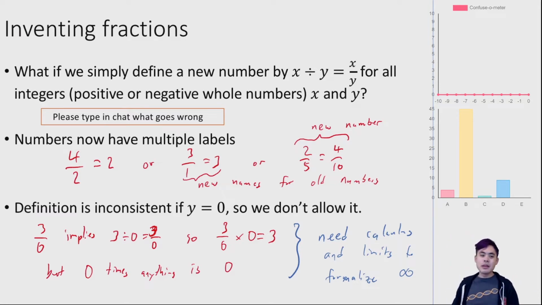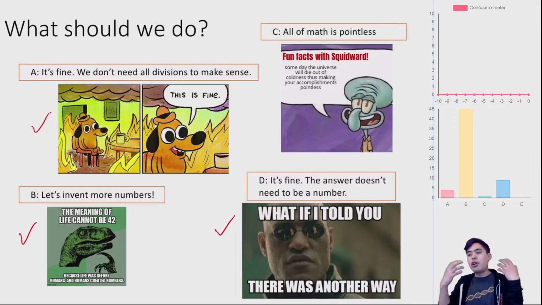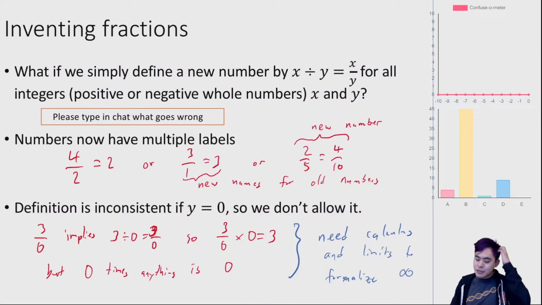This is not a calculus class, so we're not going to make you do it, but keep in mind that this is why we said we don't need all divisions to make sense, we're just trying to make more divisions make sense. When the denominator is 0, that still doesn't make sense. We can't divide by 0. Any questions about that before we move on?